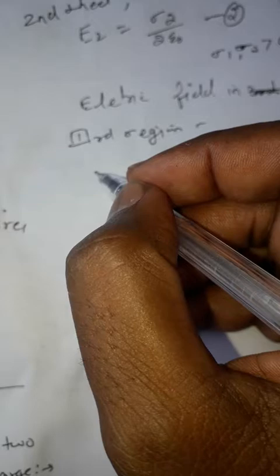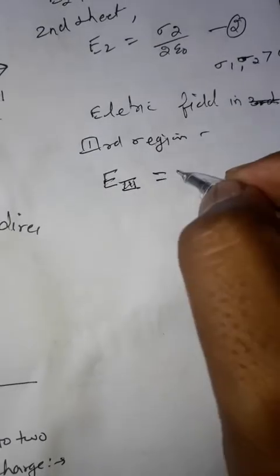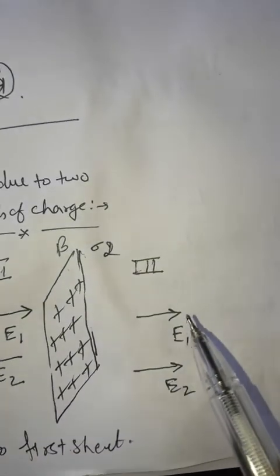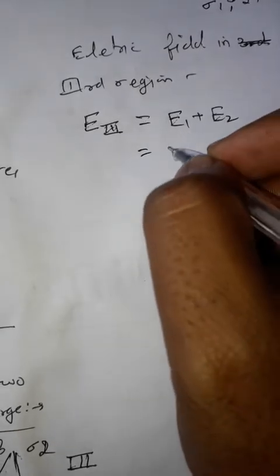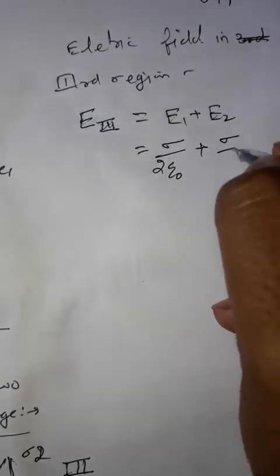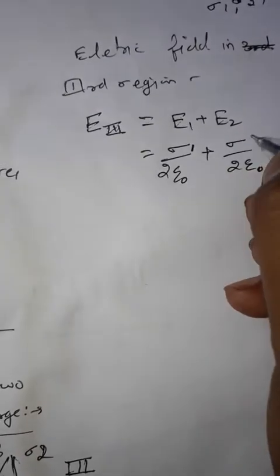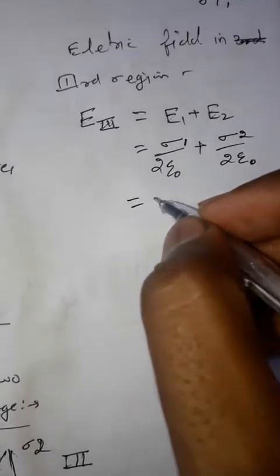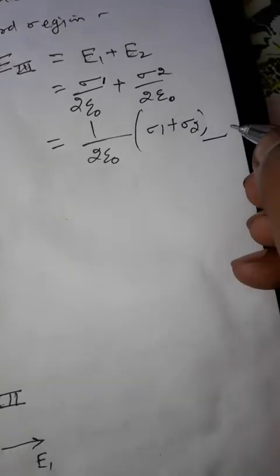Then the net electric field, say it is E3, because it is in the third region, is equal to the sum of the two electric fields, that is E1 plus E2, which is given by E1 as sigma upon 2 epsilon naught as we studied earlier, plus sigma upon 2 epsilon naught. As it is due to the first sheet it is sigma 1 and it is sigma 2. So we can write it as 1 upon 2 epsilon naught into sigma 1 plus sigma 2. So it is equation third.